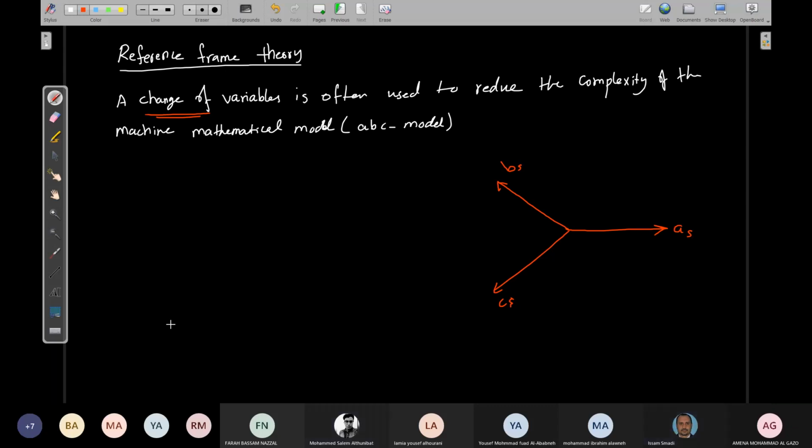So let's discuss the reference frame theory. We stated that the reference frame theory is a change of variable which is used to reduce the complexity of the machine mathematical model, which is the ABC reference frame. Now, if we recall in the previous lectures, when we discussed the basic principle of the electrical machine, we stated that if I need to generate a torque, at least I need two coils, correct?